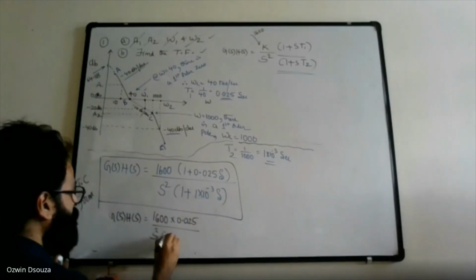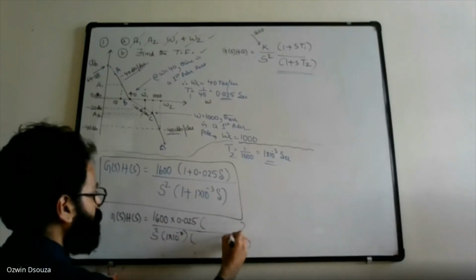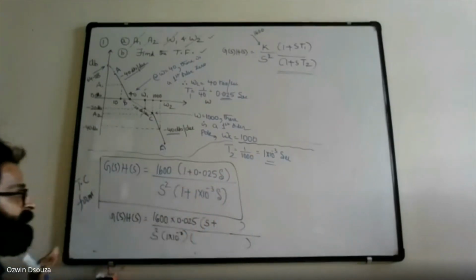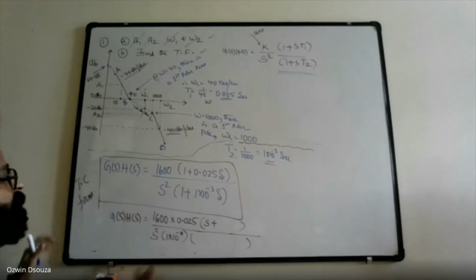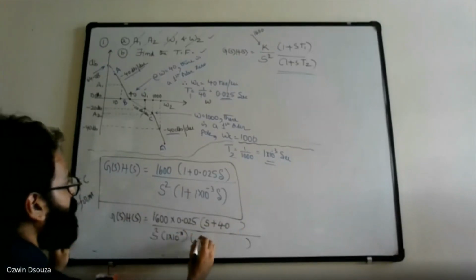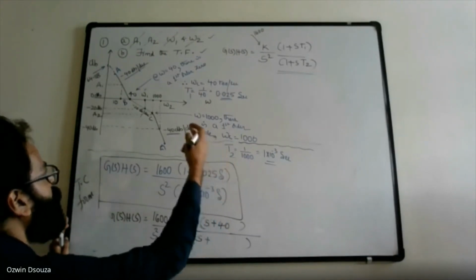So it is s square into 1 into 10 to the power minus 3. The remaining factors you need to write inside the bracket. So I have s plus the reciprocal of 0.025, that is 40. And here I have s plus the reciprocal of 1 milli, which is 1000.